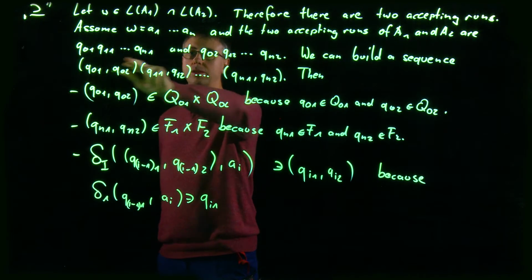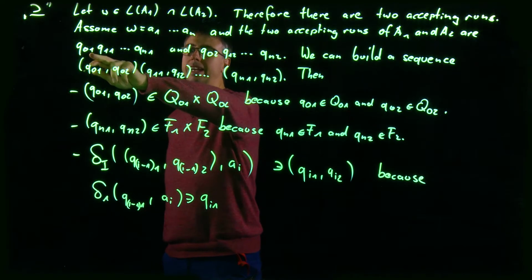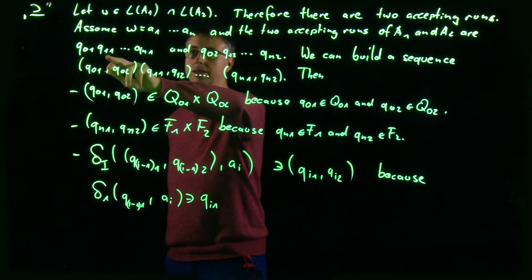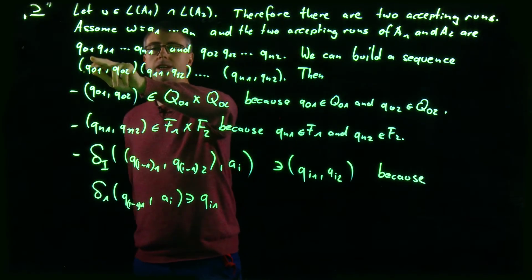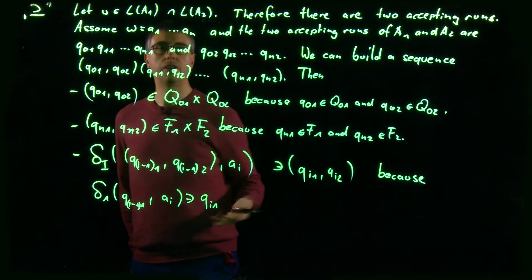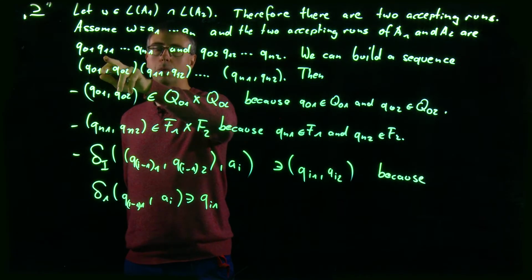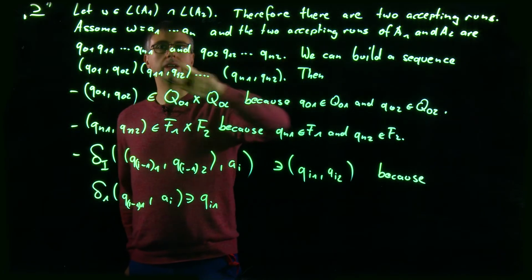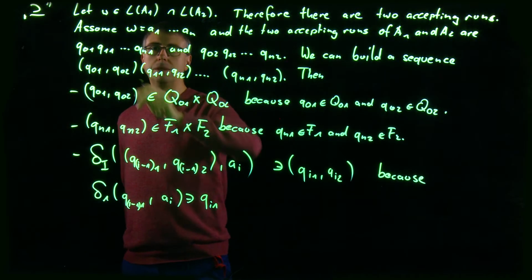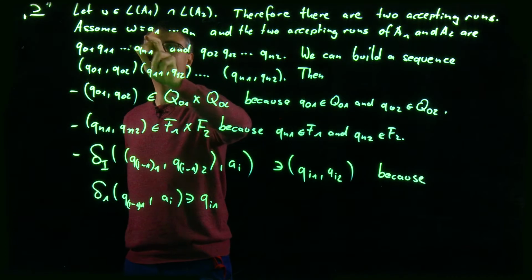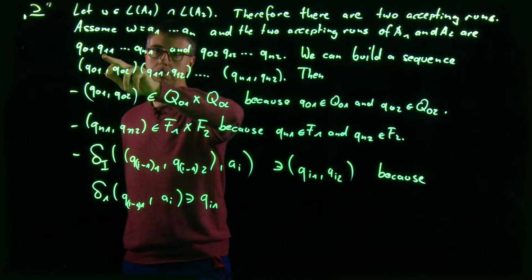Because we consider this run here, and in this run, each subsequent state is actually the result of using a transition. So if we go from q_0^1 to q_1^1 using the letter a_1, we know that there must be a transition from q_0^1 with the letter a_1 to q_1^1.